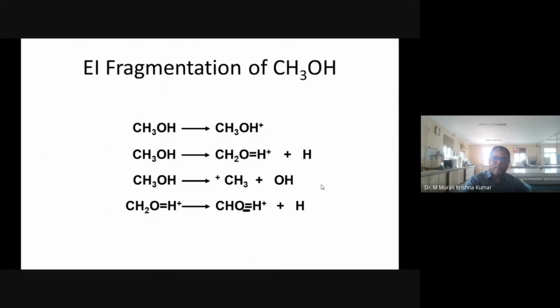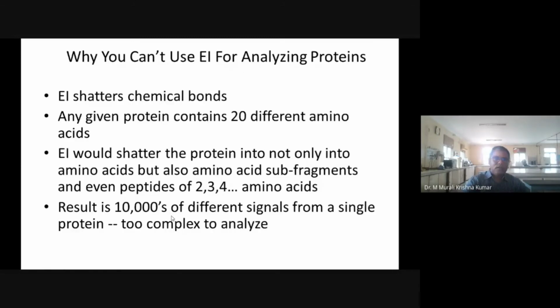Okay, in case of EIMS, fragmentation is also possible. So because we get fragments, compound structure identity can also be done. Regarding fragmentation, we will discuss this one later. And here, one more thing that we need to clearly understand is why we cannot use EI or electron impact for polymers or proteins.